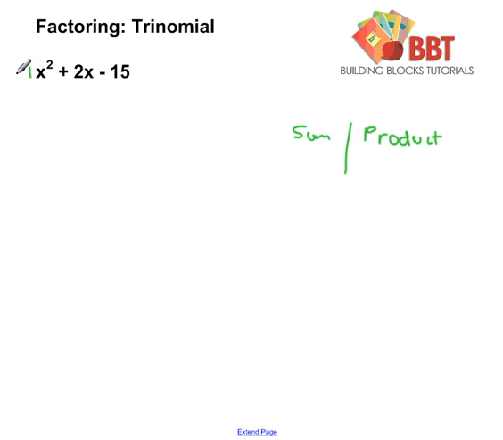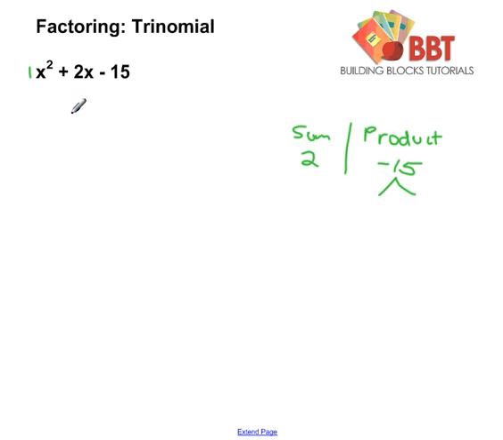Remember, the number in front of the x squared multiplied by the last number, including the negative, including the sign. So what two numbers when multiplied give you what? 1 times negative 15 is negative 15. So what two numbers when multiplied will give you negative 15, and when added give you what? The middle number. So when added give you 2.